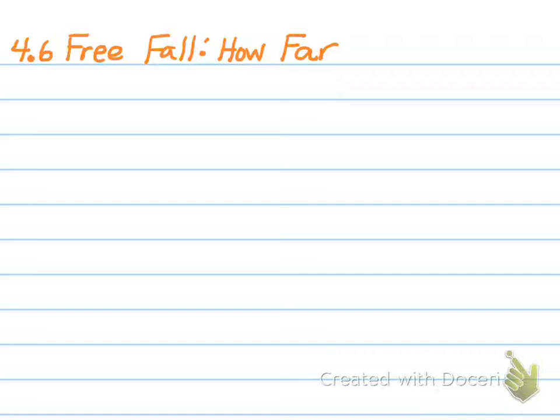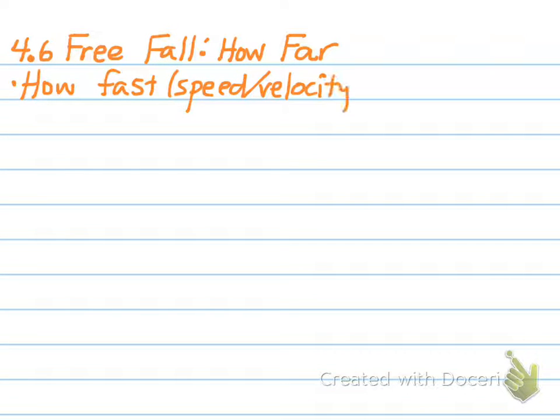So we're going to be talking about distance. Okay. So kind of the first thing to know here is that how fast, which remember we're talking about speed or velocity, and we really can use those interchangeably, because the only difference between them is speed is scalar and doesn't have a direction, and velocity is vector and does have a direction.